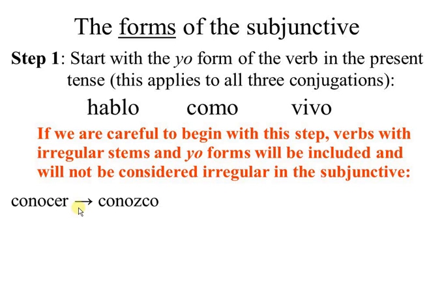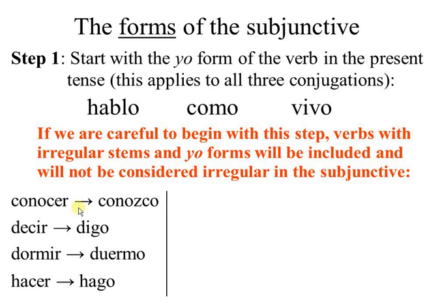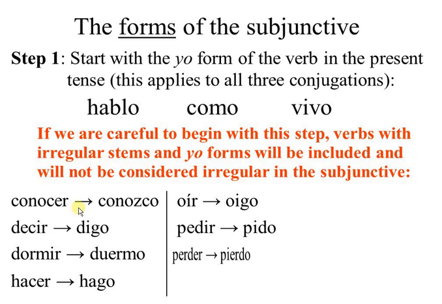For example, conocer, we know it has an irregular yo form. So, you go to conozco, conjugating the yo form. Decir, digo. Dormir, duermo, stem changing. Hacer, hago. Oír, that means to hear, oigo. Pedir, pido.